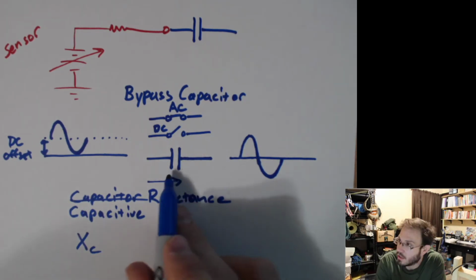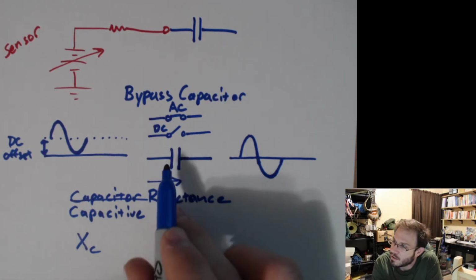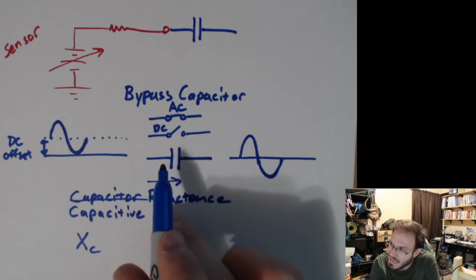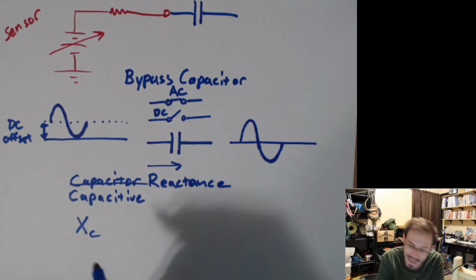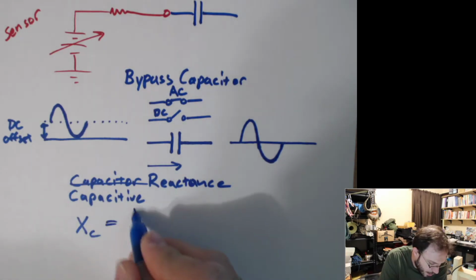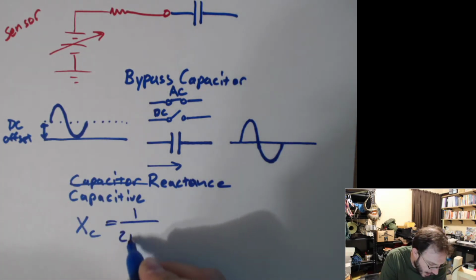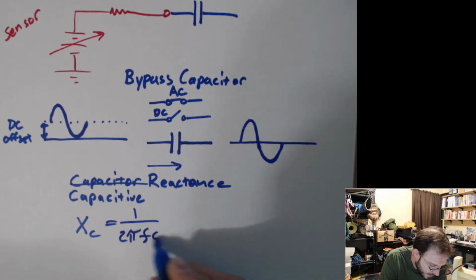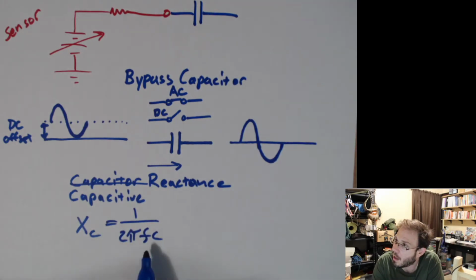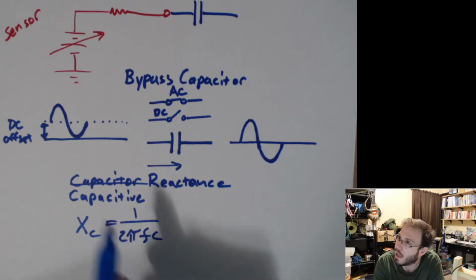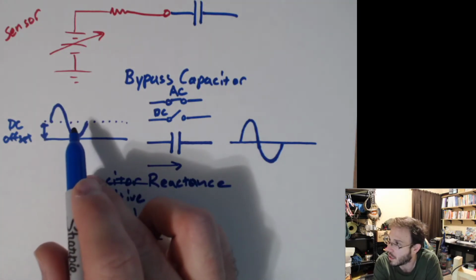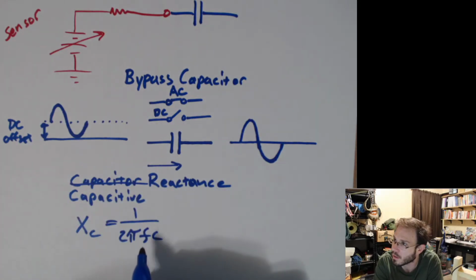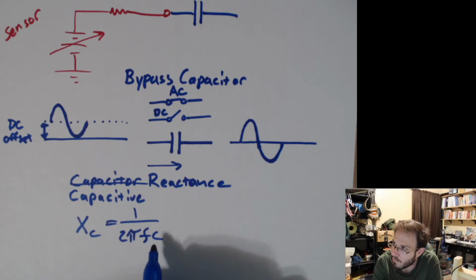So this capacitor does have some resistance, but it's dependent upon frequency. The capacitive reactance is given by the equation 1 over 2 pi F C. So it's dependent upon the frequency of the applied AC. So if this is 1 hertz, 10 hertz, a kilohertz, it depends on the frequency and the value of the capacitor.